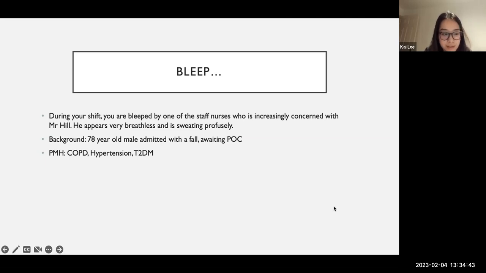And also it would be really useful in telling us whether he retains carbon dioxide normally, and that will help us in terms of guiding his oxygen saturation later on in the management plan.